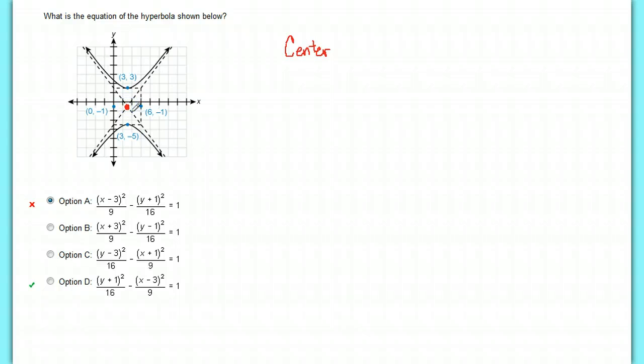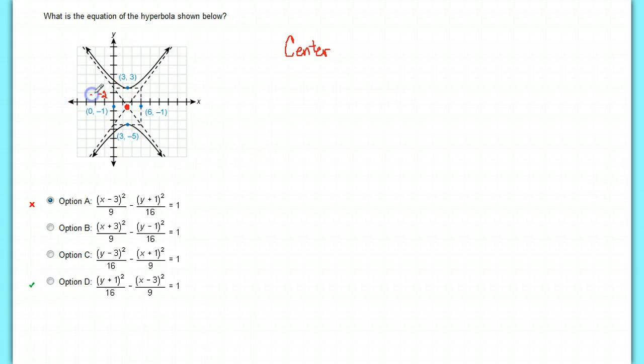Now this graph's a little bit tricky because if you look carefully at the values of the points, each tick mark is going by 2's. So because this point right here has a y value of -1, that means that from the origin down to here is a distance of 1, and it's right in the middle of the origin and that tick mark. So this graph is actually going by 2.